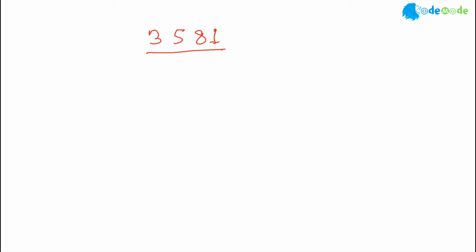I'm sure somebody has written a function to do this, but if you have to write a program, how will you do this? y is equal to 3 plus 5 plus 8 plus 1, and then print y. Yes, but how will you find 3? I gave you a whole number, 3581. How will you get individual digits out of this? Make them integers with the int function. Yeah, but int will convert this whole number. So suppose you enter 3. So what does int do?